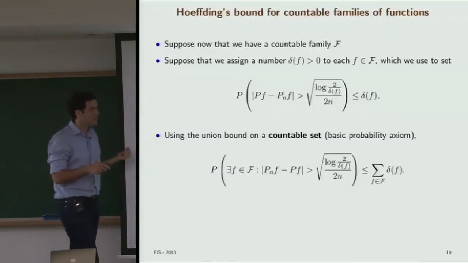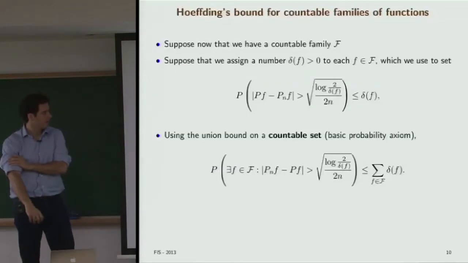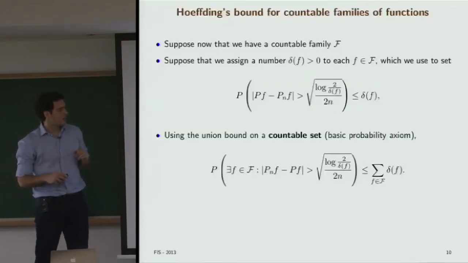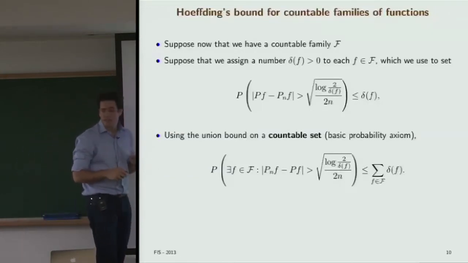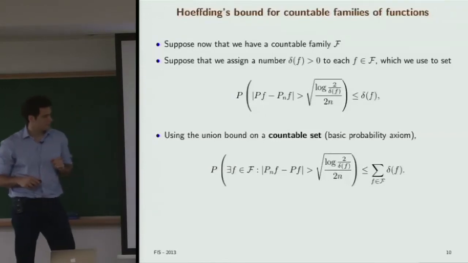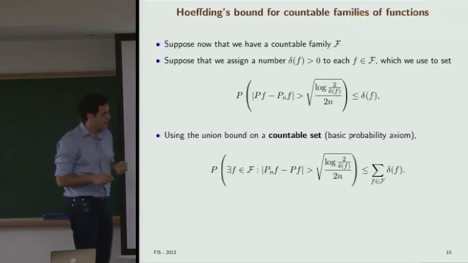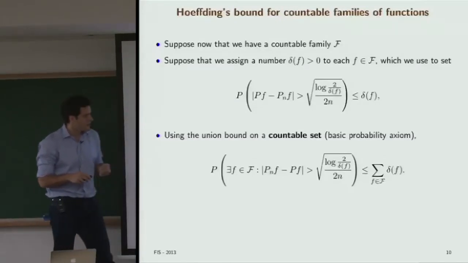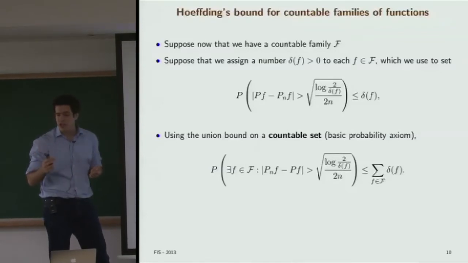So I have a countable family of functions f1 to f infinity, and suppose that we assign a number delta of f to each f, which we use to set, again, a Hoeffding type of bound. So this is Hoeffding's bound in the opposite direction. The probability that there is a deviation bigger than this is smaller than delta of f. So for each f, we have a quantity delta of f.